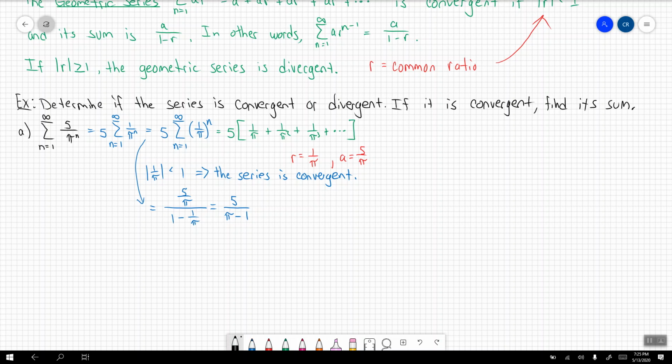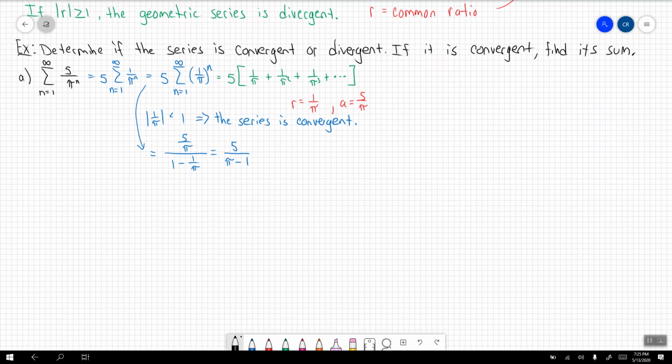Let's go on to part B and see if we can extract everything for part B as we did here. So for part B, let's look at this sum. This is going to be n equal to 1 all the way to infinity of 1 divided by 3 to the power of n minus 1.